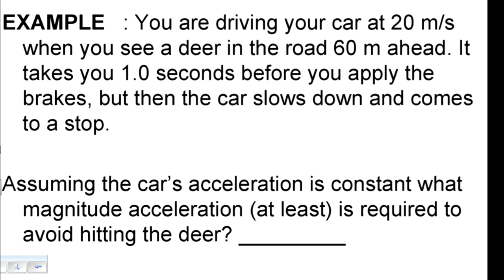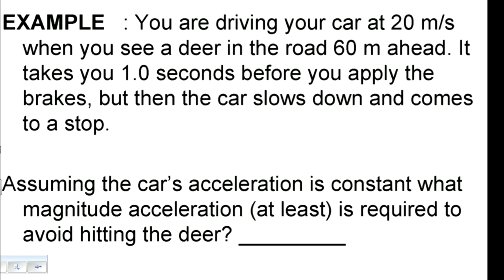You can barely touch it, or you might have been traveling too fast, slowing too slow, and you may hit it. So the question is, what is that critical acceleration which brakes should provide in order that you would just barely touch the deer, so you wouldn't hurt it?